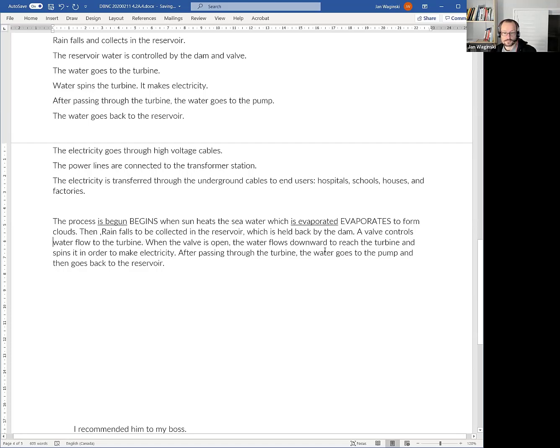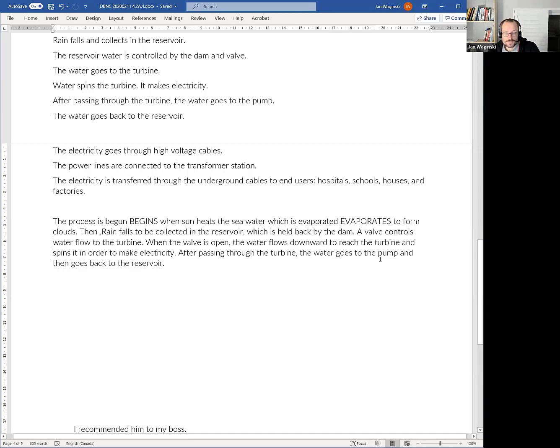The valve is open, water flows downward to reach the turbine, spins it in order to make electricity. After passing through, it goes to the pump and then goes back. We don't know what it's passed through. I would leave it. After passing through the turbine, water goes to the pump and then goes back to the reservoir.